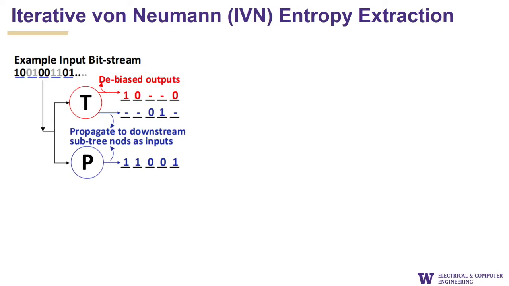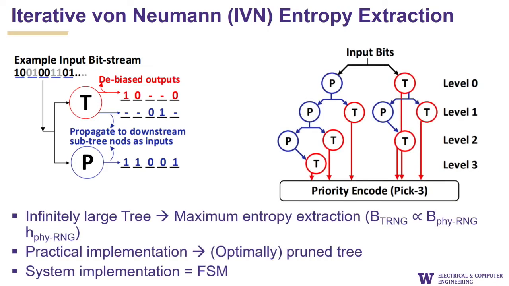So you basically propagate these bits down a tree, right? The von Neumann corrector lower down the hierarchy is basically generating random bits from higher order bit patterns, right? And the more of these you build, the more random bits you're able to get out.